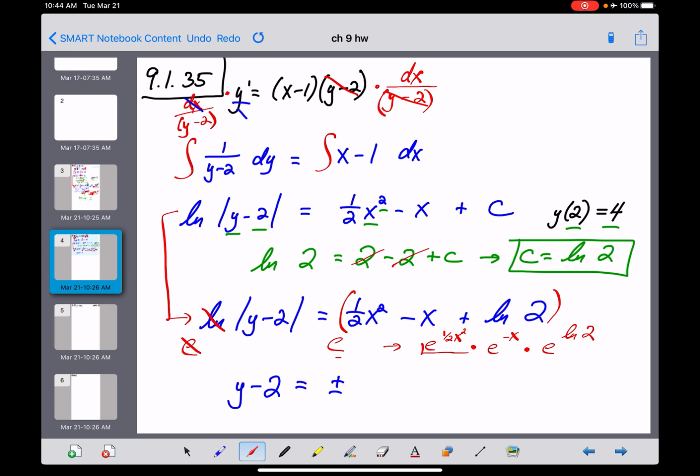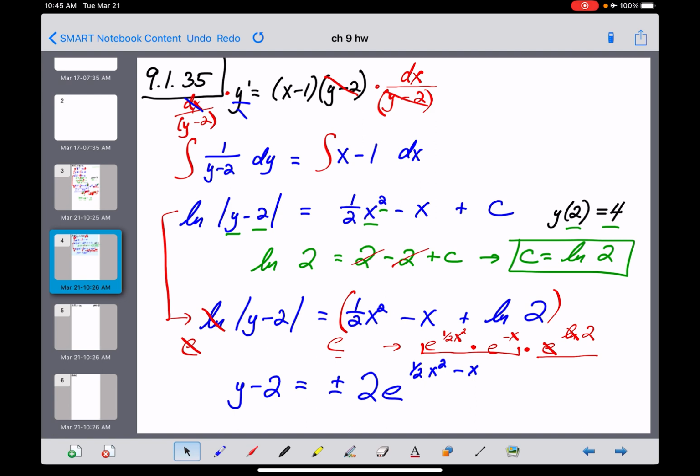I might put these two back together, but I definitely want this guy to be separate because the e and the natural log just cancel out, and we get a 2 there. And I'm going to bring that 2 all the way out in front now of everything else. Then, like I said, it might be beneficial just to leave this as e to the 1/2 x squared minus x. I guess we could leave those two together.